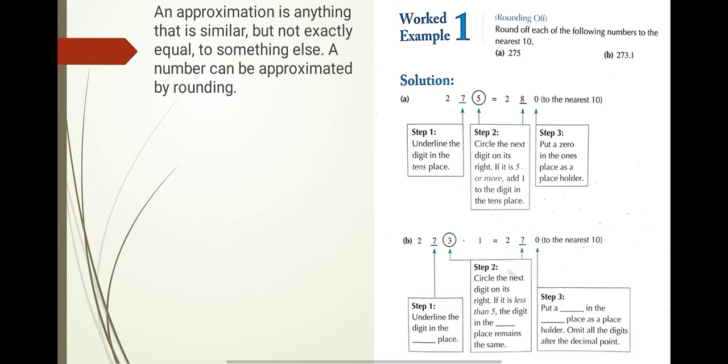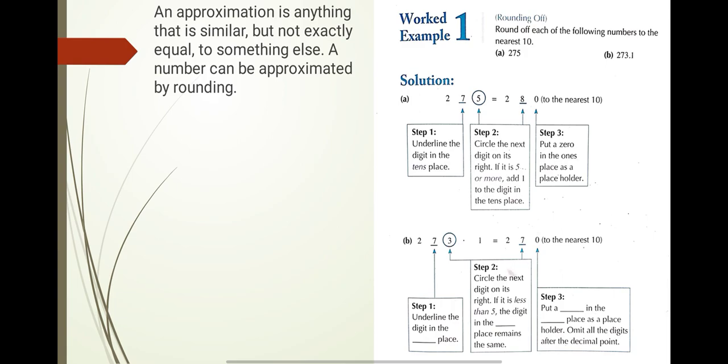So let's take a look at the solution. For 275, step 1, underline the digit in the tens place. Step 2, circle the next digit on its right. If it's 5 or more, add 1 to the digit in the tens place. So here's the thing: if it's 275, 276, 277, 278, 279, it will be rounded to 280.